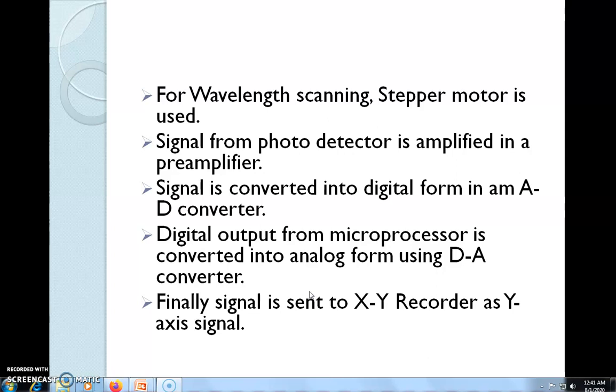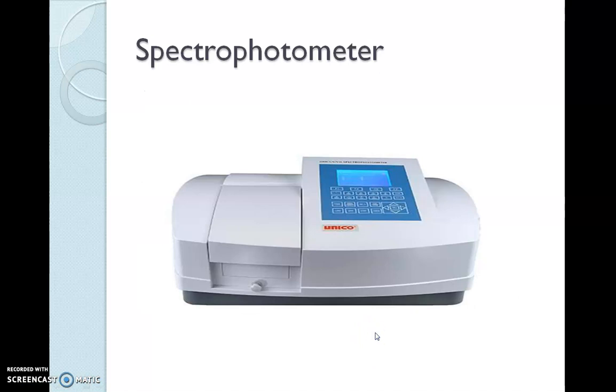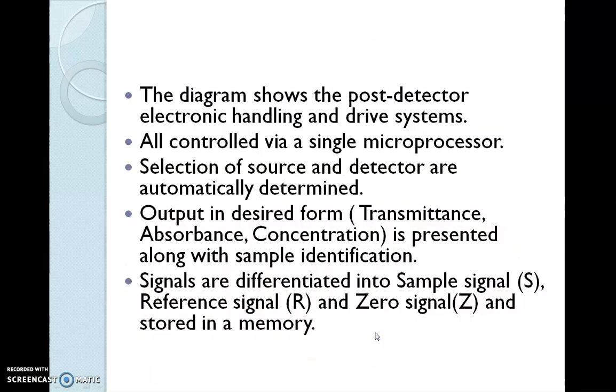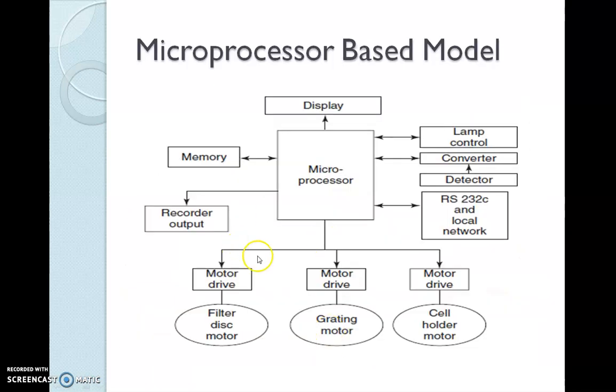The signal is then converted into digital form in an A to D converter. Then the digital output from the microprocessor is converted into analog form using a D to A converter. Finally, the signal is sent to an XY recorder as the Y-axis signal. This is the display unit, which gives the Y-axis signal.